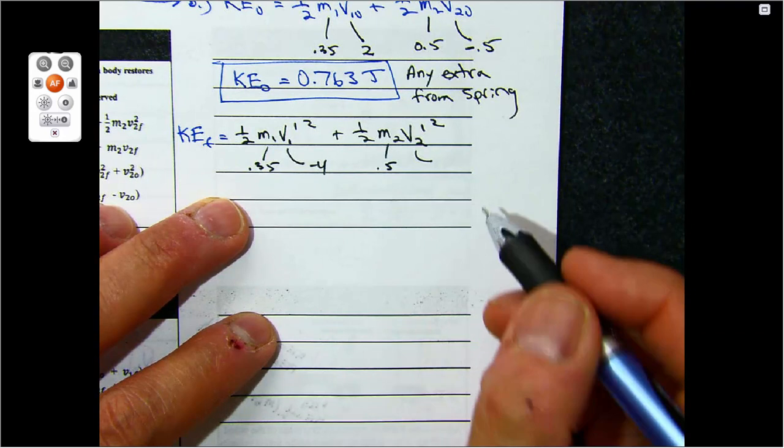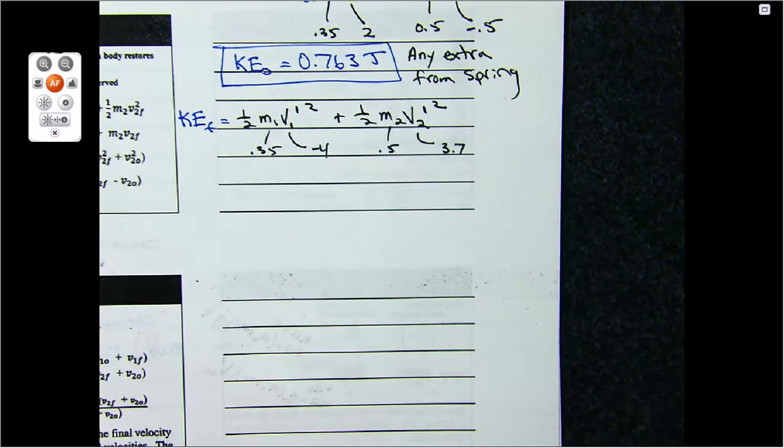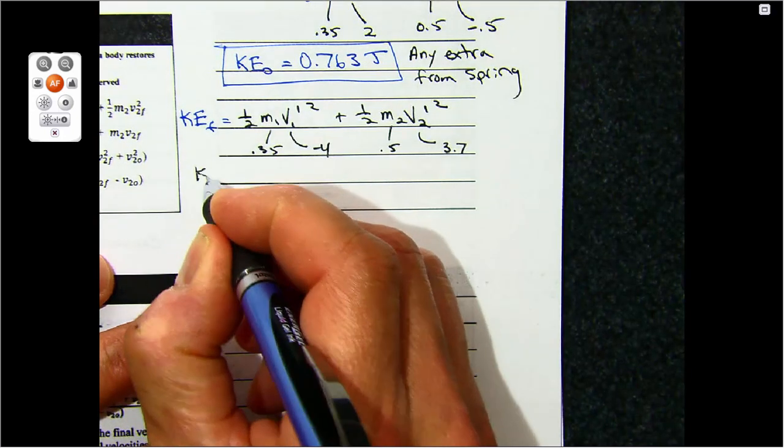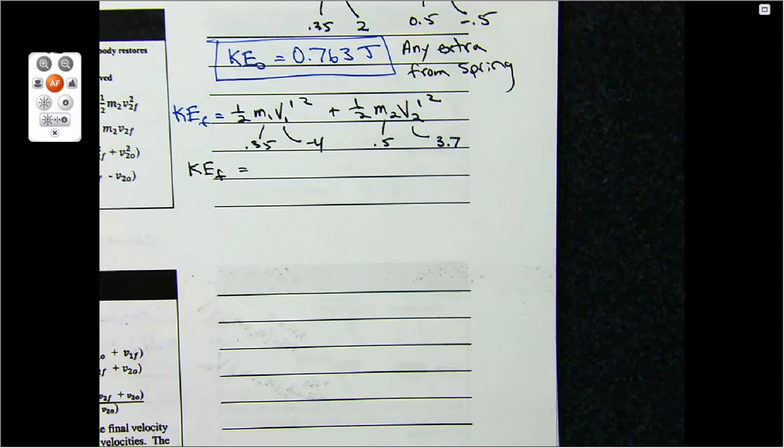And we calculated V2 prime to be 3.7. We get a kinetic energy final equal to 6.22.